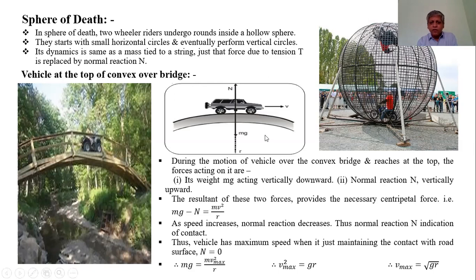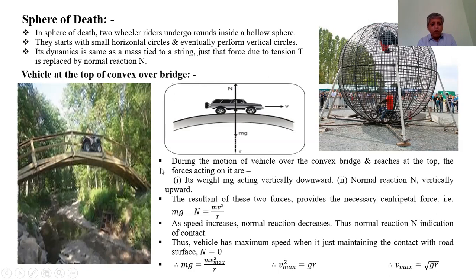Another example of vertical circular motion is when a vehicle goes over a bridge, which is like a convex surface. Here the two-wheeler goes over this convex bridge like this.